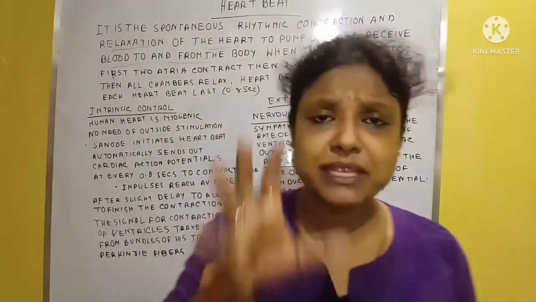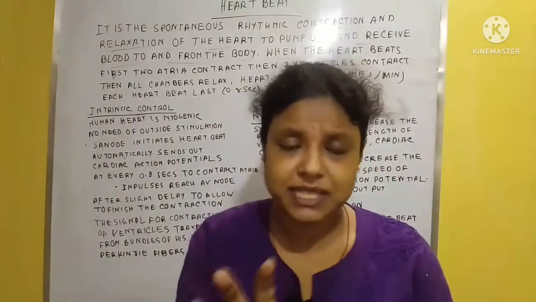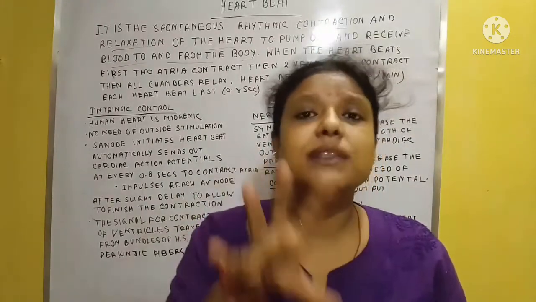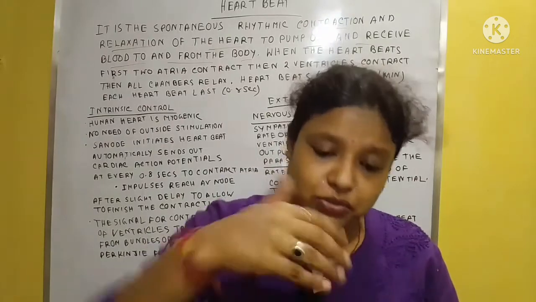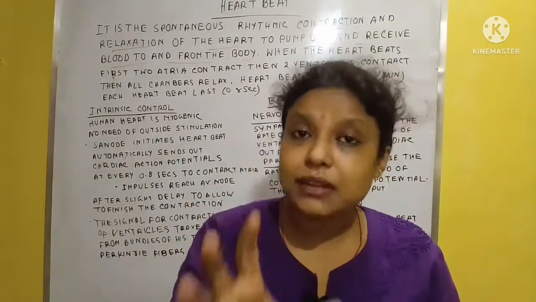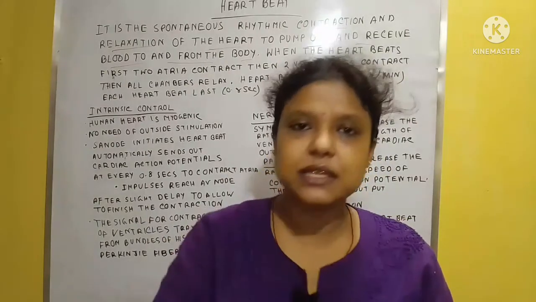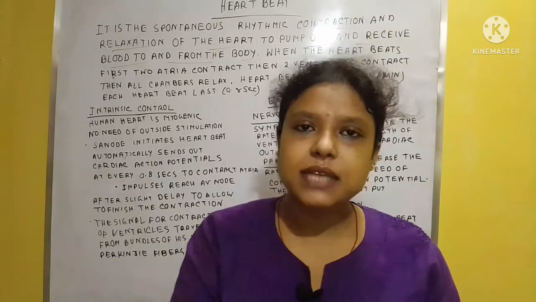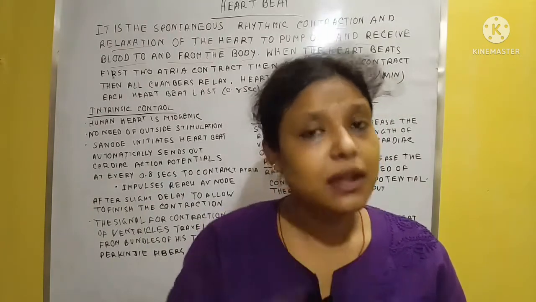The heart acts like a pumping system, and it pumps the blood all over the body. Due to this pumping mechanism, the blood within the body circulates from the body to the heart and from the heart to the body, and obviously to the lungs.